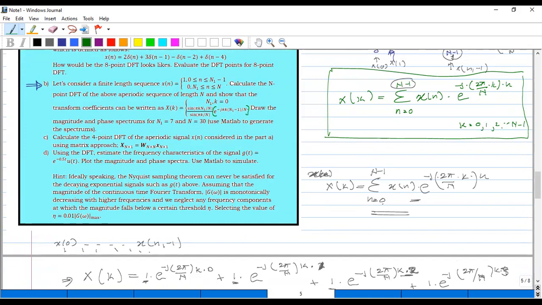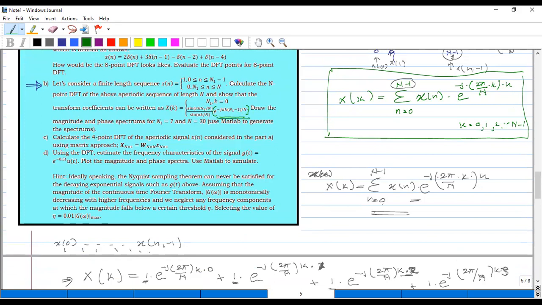No? Okay. We have this one n1. So here we have to get this. If we get e to the power j pi n1 minus 1, so here we have a term.